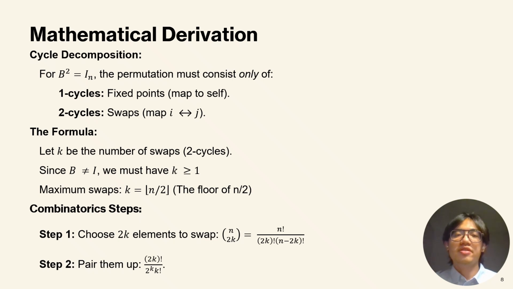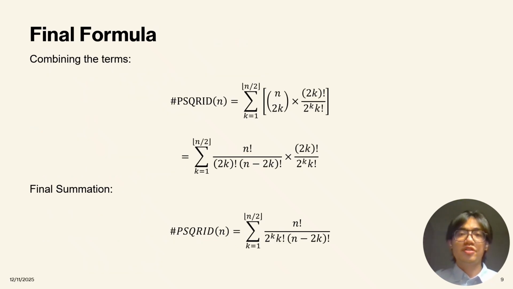The combinatorics involves two steps. Choose: select 2k elements to be swapped from n. Pair: arrange these elements into pairs. By combining the choosing and pairing terms, we arrive at the final summation formula. We sum from k equals 1 up to the floor of n over 2.